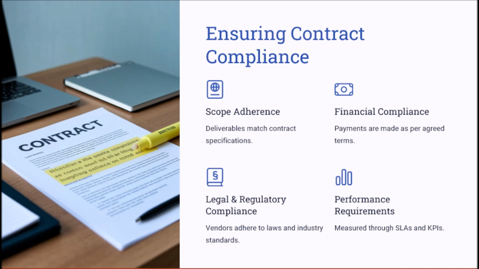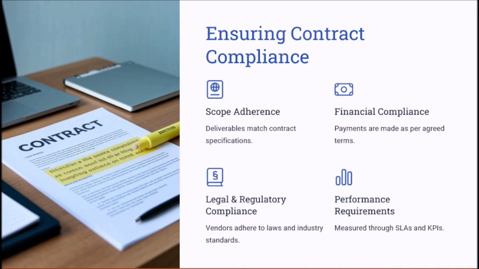And some of these contract compliance areas you might face include scope adherence. You need to ensure that the vendor or the supplier is adhering to the scope that you have agreed with. The scope here includes the compliance with the deliverables, which match the contract specifications. Also, you have financial compliance when your payments are made as per the agreed terms.